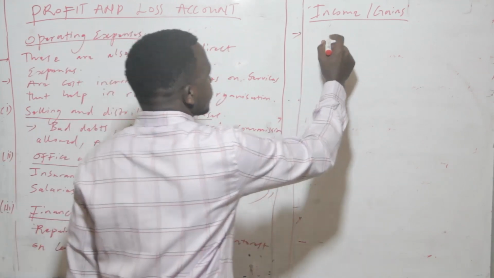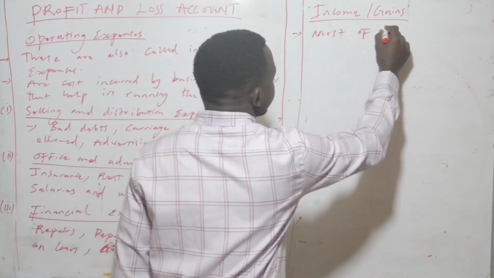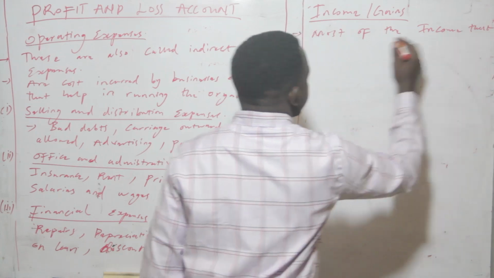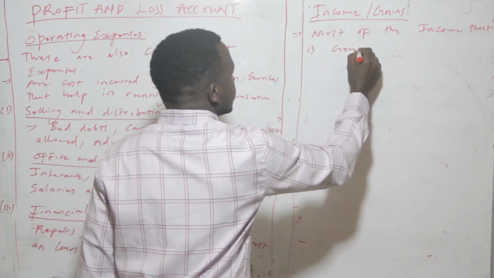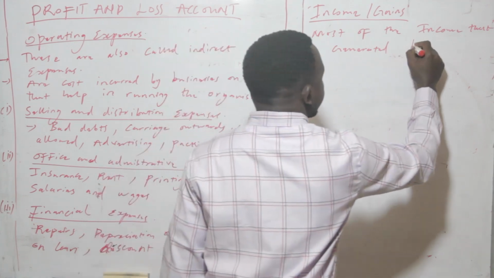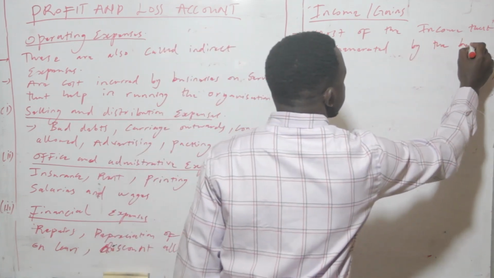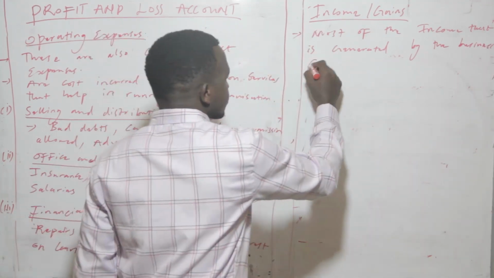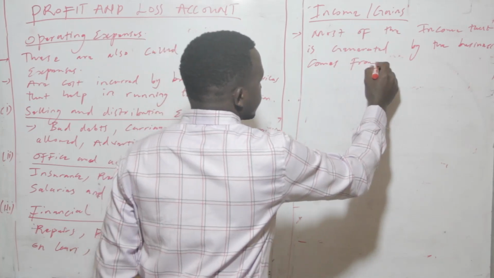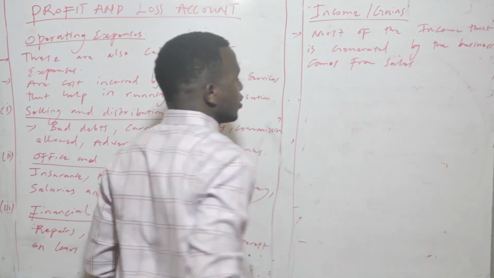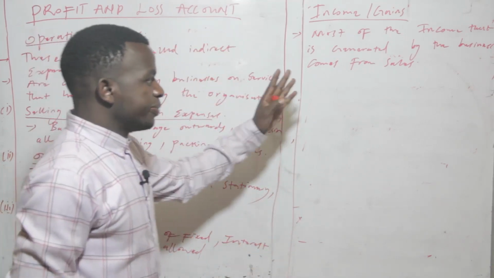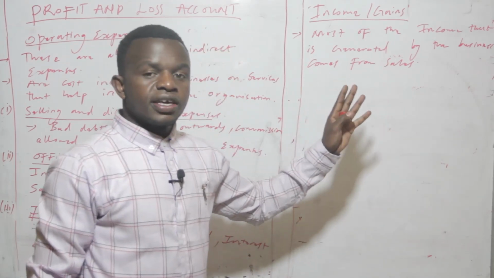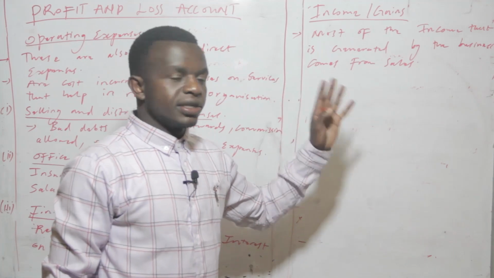So I've said most of the income that is generated by the business comes from sales. But the business can have other types of income apart from sales, and those types of income are referred to as additional or supplementary income.